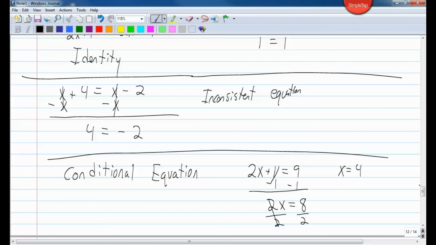So a lot of your homework problems, they'll have you work it out and then ask you what type of equation it is. So if it will work for all real numbers, or you get a true statement, that's an identity. If your variables cancel out and you get a false statement, that's an inconsistent equation. If you can solve the equation and you get out an answer, it's a conditional equation. So if I had to guess, I would say the majority of your homework will probably be conditional equations.